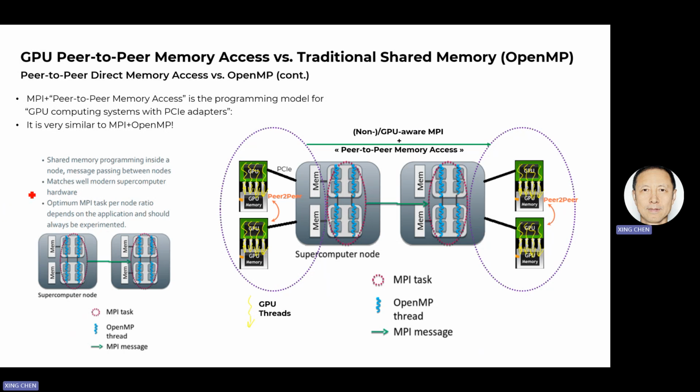In the first section, we discussed this kind of mixed mode programming. Here you have two nodes. Between the two nodes, the communication is MPI messages. Within the node, if you have only one MPI task, you can use OpenMP to share the workload between the threads.